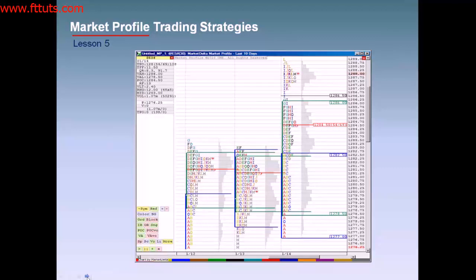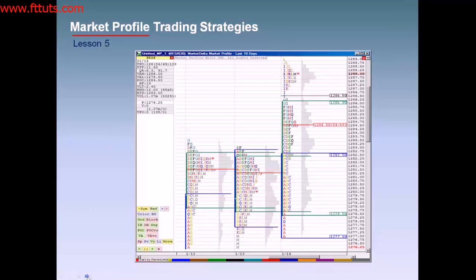And each profile has on it our key reference lines that we have identified. So we have the initial value lines, we also have the value area lines, and of course we have the POCs. And I hope that everyone in the class at this point is able to immediately identify those.